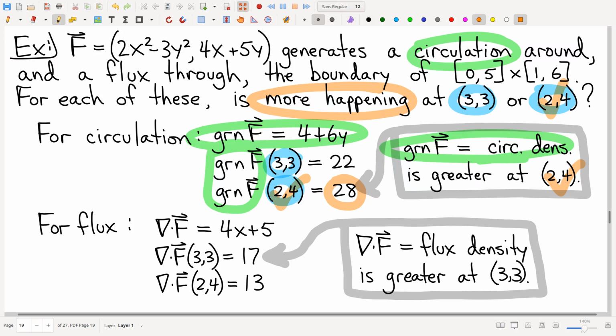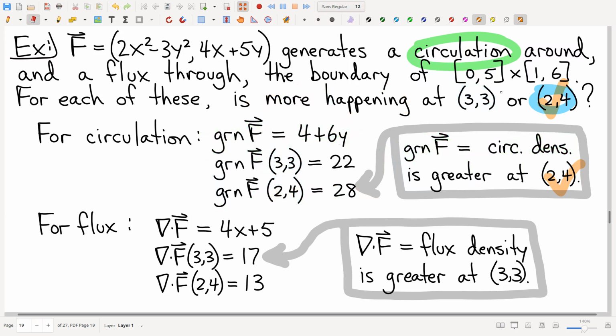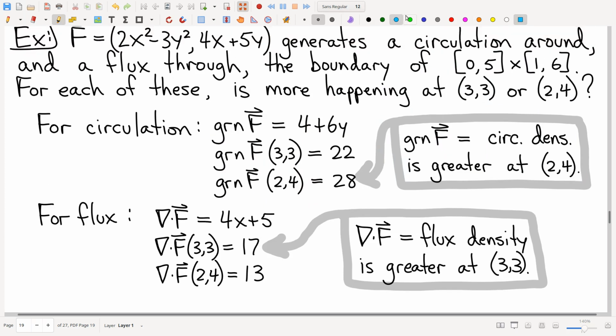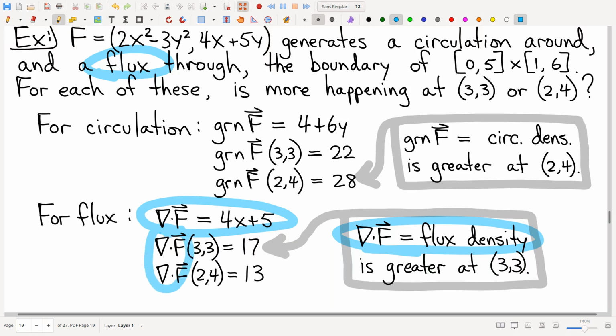Now, likewise with flux, and you can talk through the picture on the previous page. The punchline is, again, that if you're interested in flux, flux density is going to tell us where and how much it's actually happening. Flux density being divergence. Divergence is easy to compute. You can plug in our 2 points, 3, 3 and 2, 4.